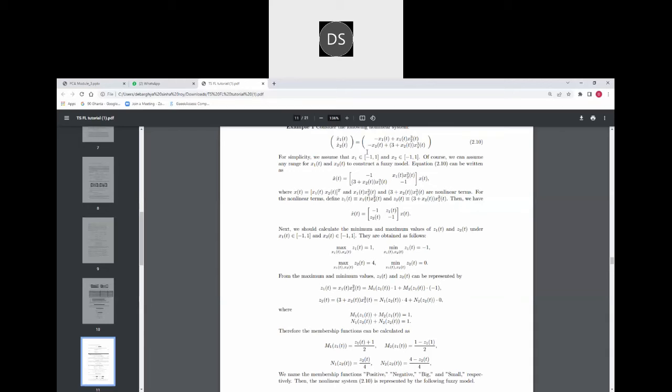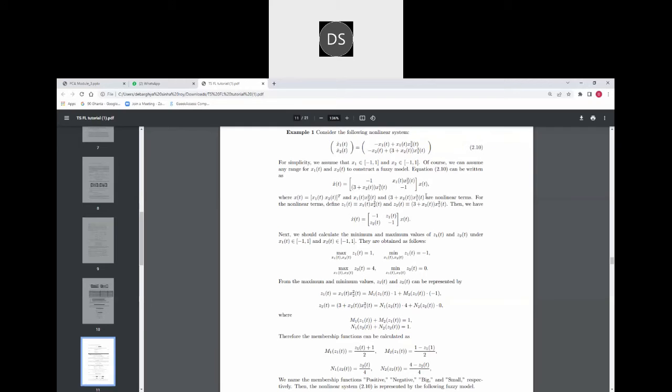Like Virender told in the previous example, we have to take it as x dot is equal to some function a into x. So the function will be here as -1, x1 x2 whole square, and below it will be 3 plus x2, whole multiplied by x1 square and -1. This is the equation we got from 2.10.